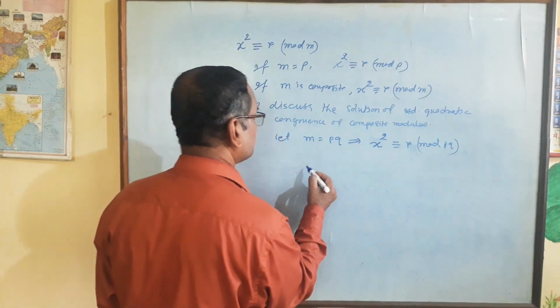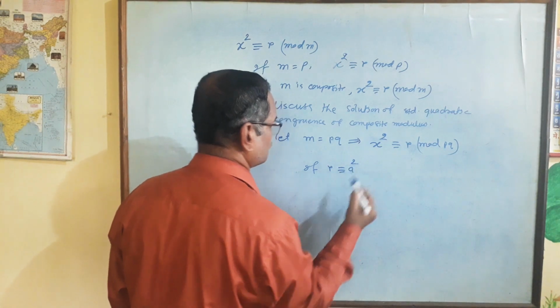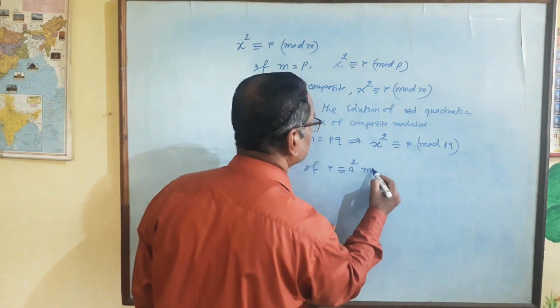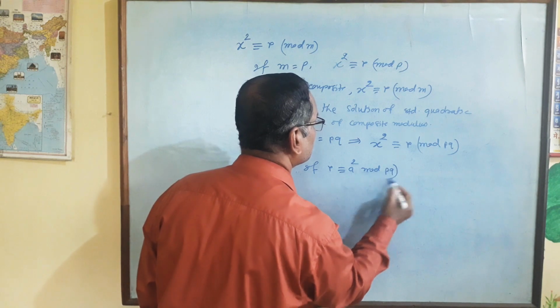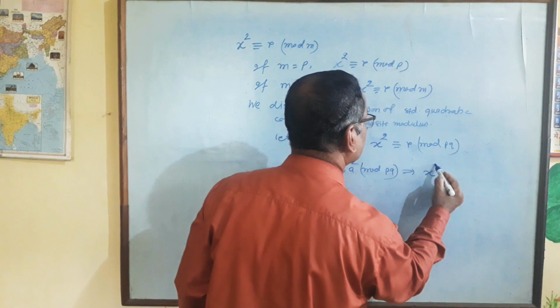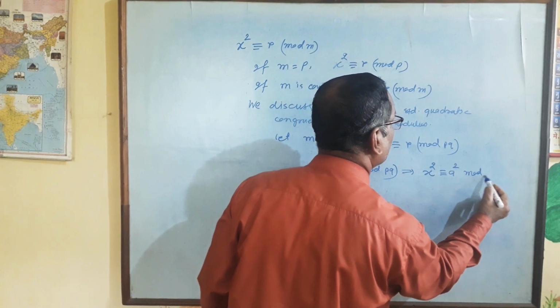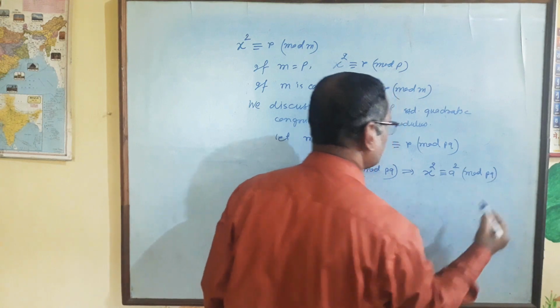That means if r is equal to a square mod pq, then our congruence becomes x square congruent to a square mod pq.